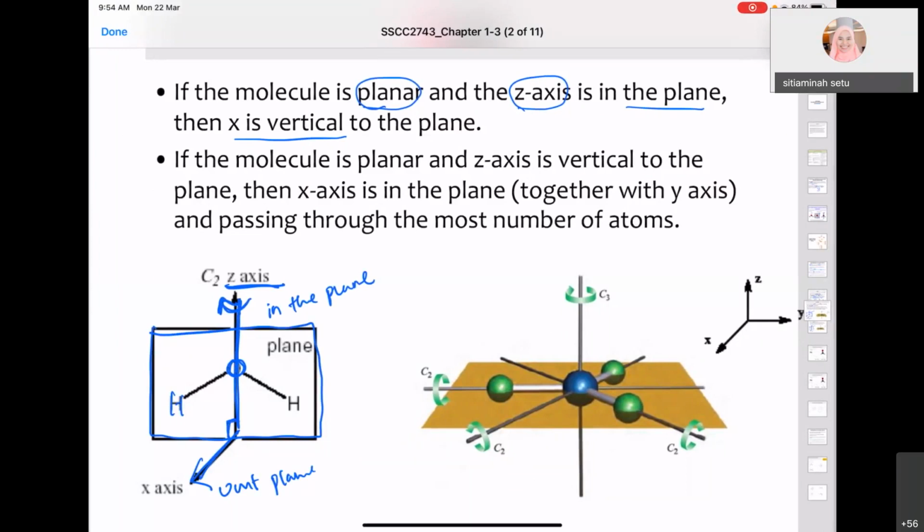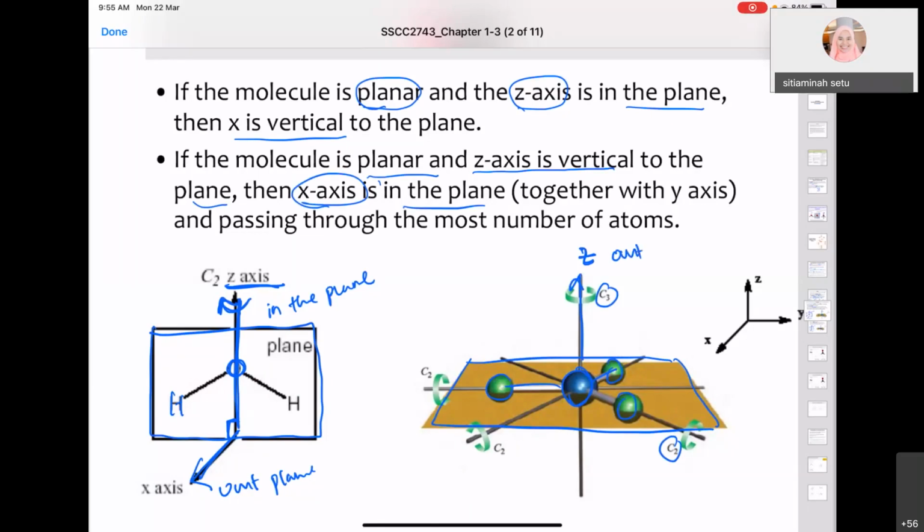Okay, and then if the molecule is planar and the Z axis is vertical to the plane, so the X axis is in the plane. Okay, contoh macam this molecule, so you ada C3 here and then C2, so that's mean the C3 is the Z axis. Okay, and then you tengok molekul dia adalah dekat plane. Okay, this is the plane of the molecule kan. Molekul tu dekat plane tapi you punya Z axis keluar daripada plane. This is out of plane.